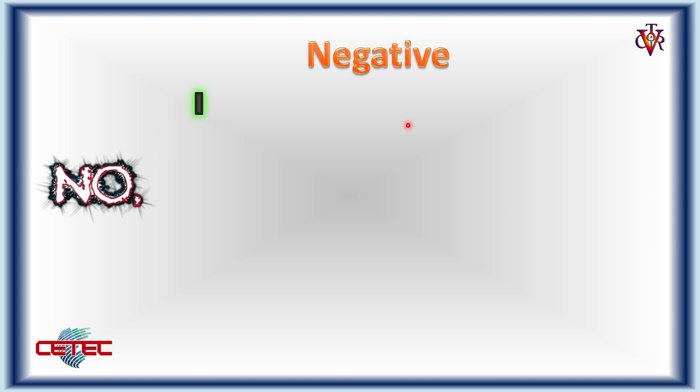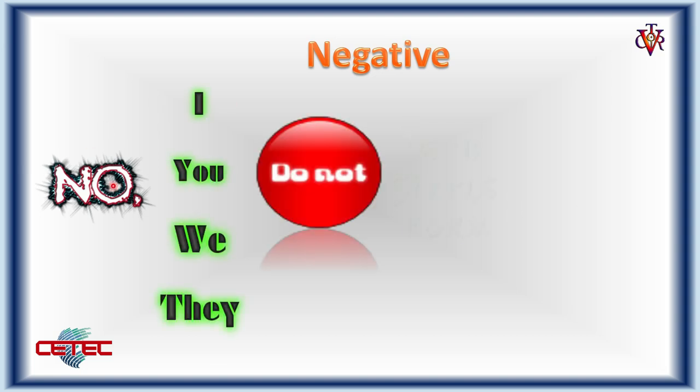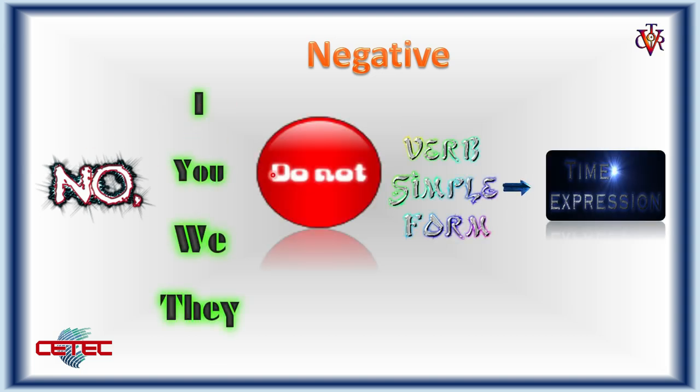Now, in negative answers it is no, I do not, and the verb in simple form plus the time expression, or no, I don't, verb in simple present and time expression. No, you don't. No, we don't. No, they don't. And we have to continue with the verb in simple form plus our time expression.